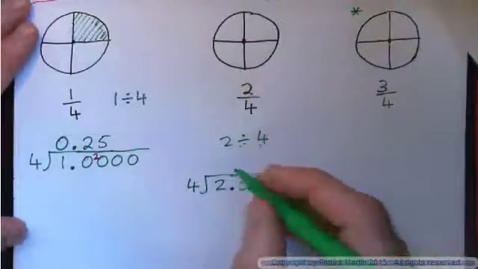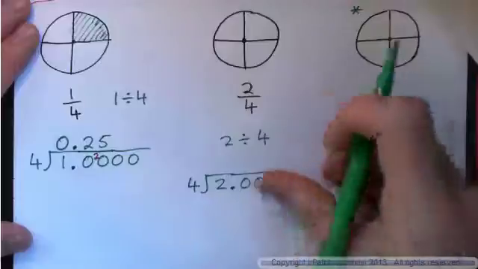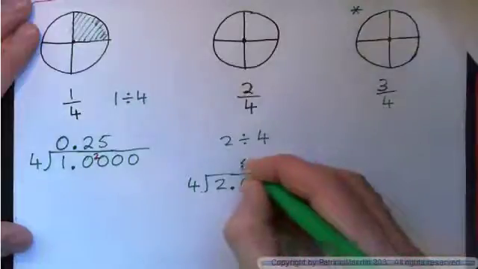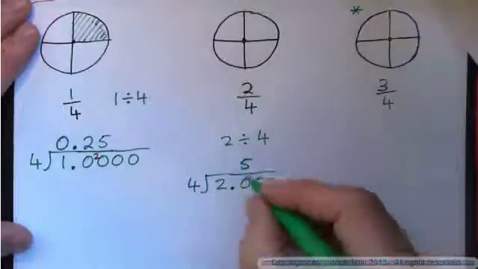And of course you can go 4 into 2 doesn't go, but 4 into 20, 5 times. And it goes in evenly.